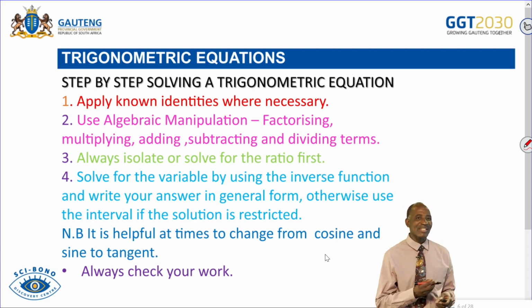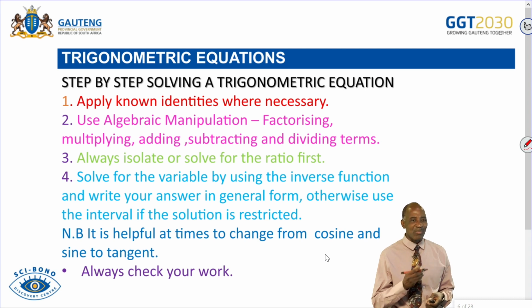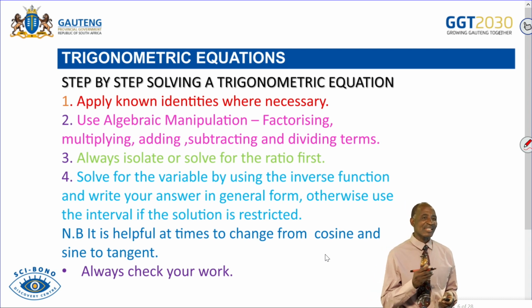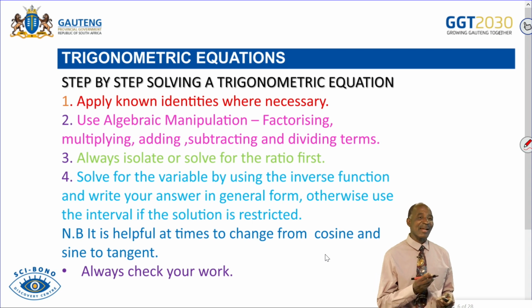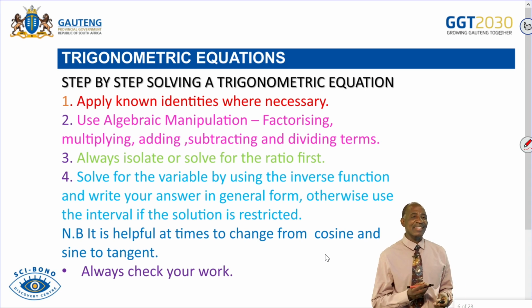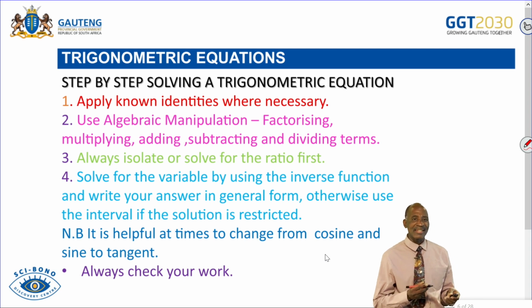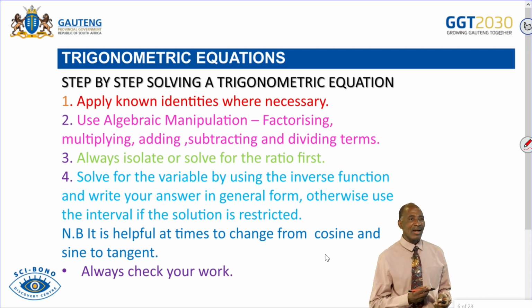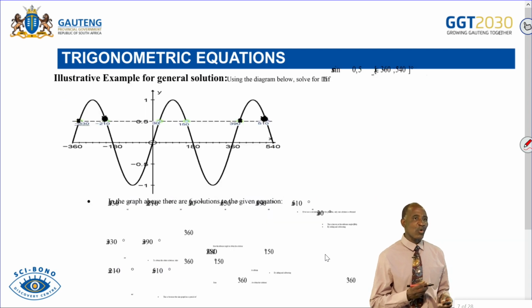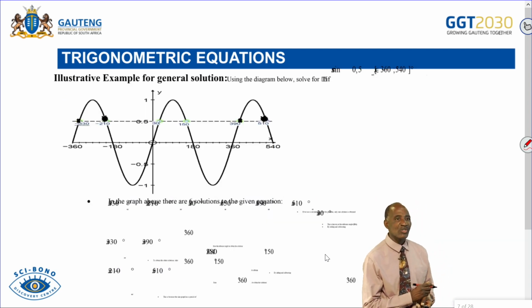Whereas previously when we were simplifying, we said it is important to change tan to sine and cosine. This time around, in some equations, you'll find that you are forced to convert the two functions involved in the equation. It could be sine and cosine that can be converted to tan. So this time around is the reverse of the quotient identity. And of course, you must always check your solution.